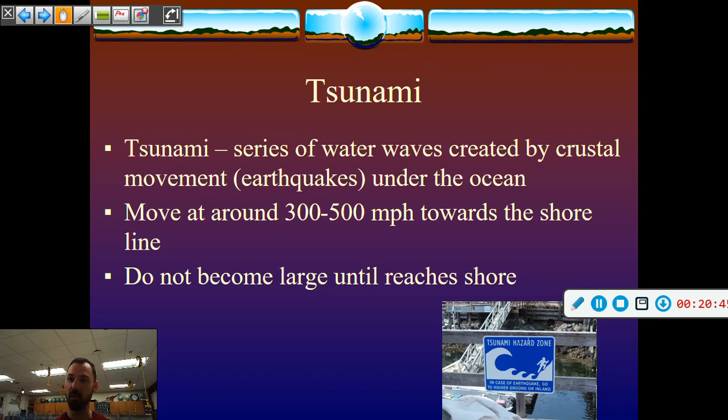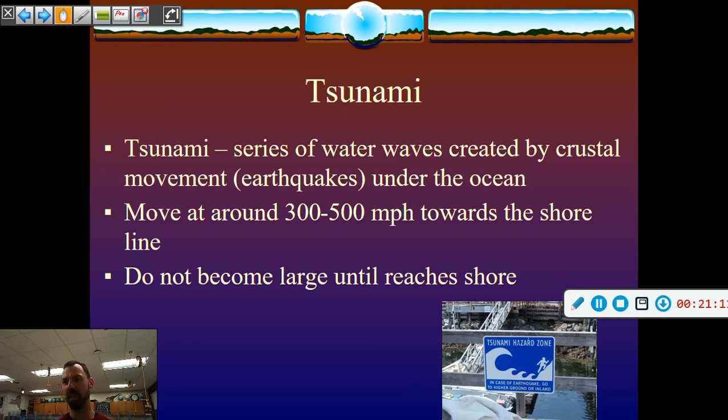Okay, so in most areas that have tsunamis, you'll see these signs. In case of an earthquake, go to higher ground or inland, and they actually have warning systems in place with buoys out in the water that bob up and down when a wave comes after an earthquake, and it can alert people on land at least minutes before one comes, hopefully, if not hours.